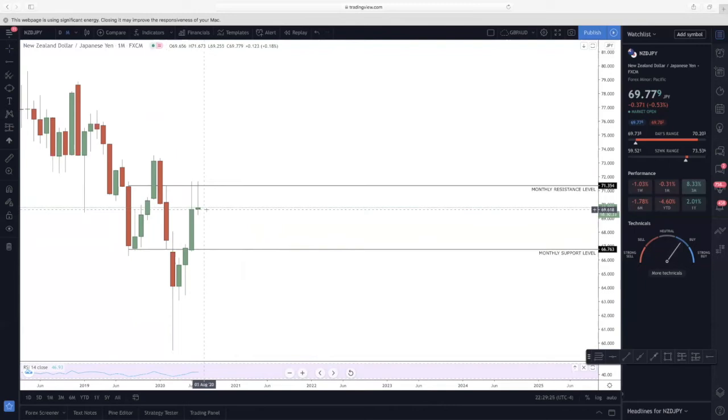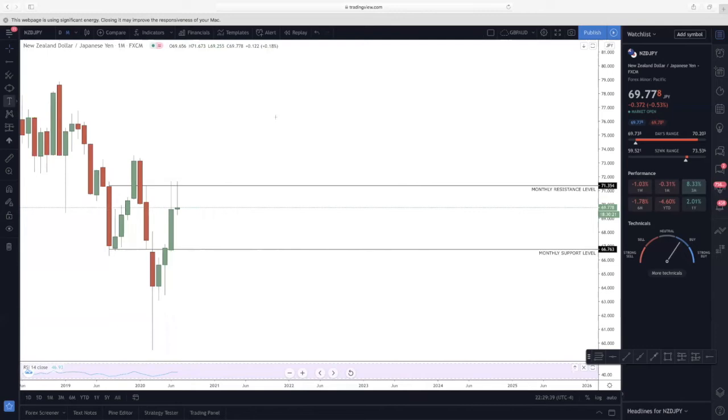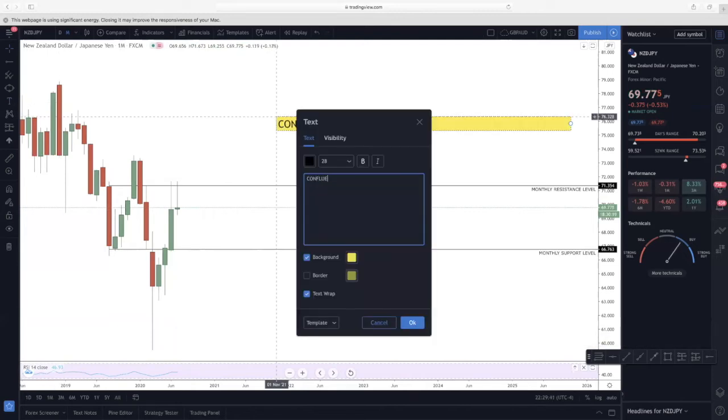What we're looking for, the most important thing when you're marking support and resistance levels, is to just understand and have rules, right? So whether or not you're trading just naked charts, whether or not you want to trade off indicators, your goal is to make sure that you have confluences, all right? So a confluence could be candlestick patterns, right?